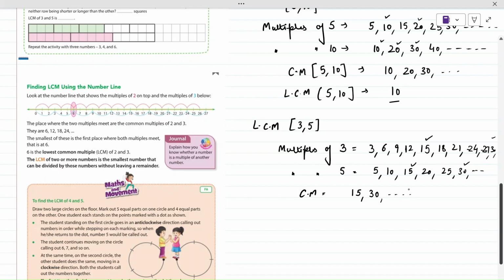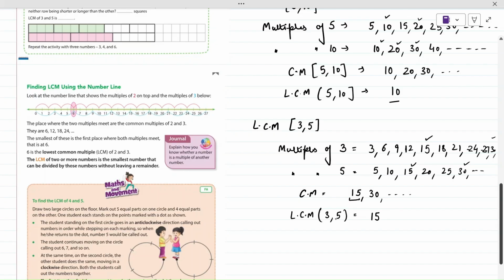So what we have done, first of all, we have found the multiples of 3 and 5 and the common multiples. Now we have to find the LCM of 3 and 5. For that, we have to pick the lowest number from the list of common multiples. So the lowest number here is 15.